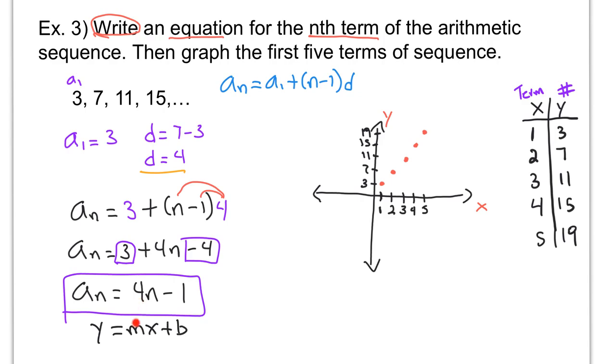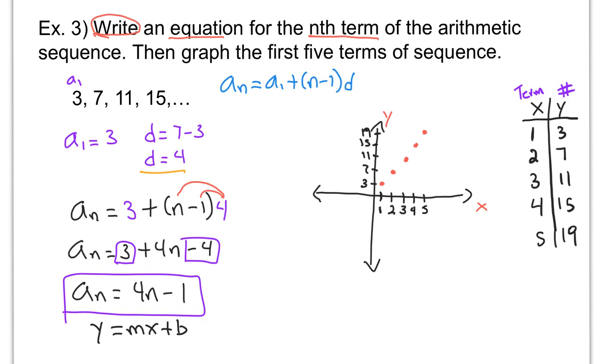This is your slope, 4m, and this is your y-intercept, -1. So you guys can see how to graph the actual line using y equals mx plus b, which is a linear function. So that's why we say an arithmetic sequence is related to a linear function.